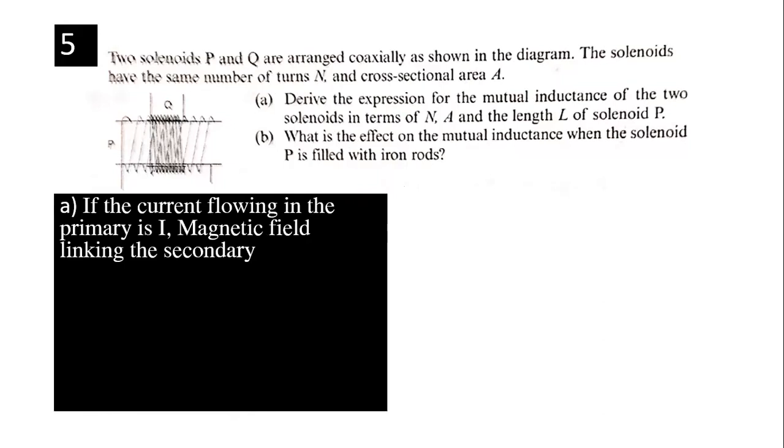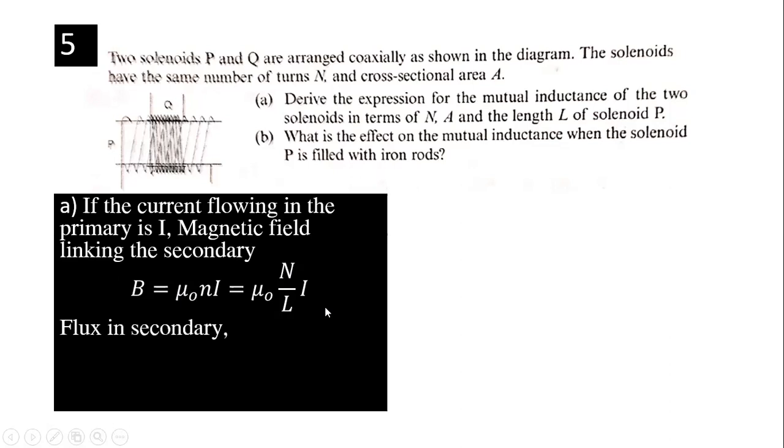Okay. If the current flowing in the primary is I, the magnetic field linking the secondary, that's your solenoid formula. Replace small n, number per unit length, with N divided by L. L is the length of the solenoid. Flux in the secondary, BAN.